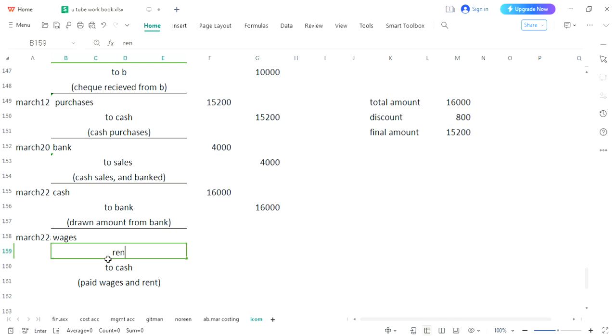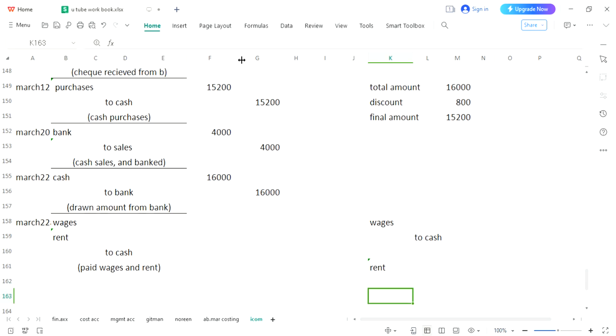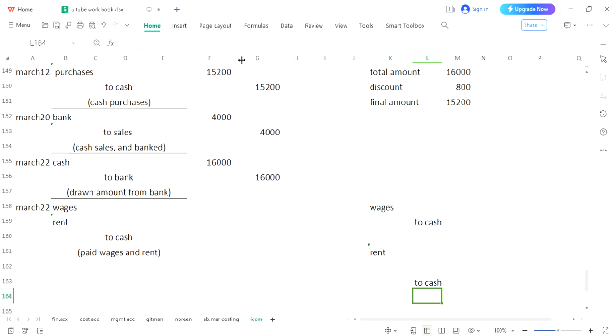So you will write rent on debit side as well. Now, if you wanted to separate these entries, it would be wages to cash, and next rent to cash. So instead of making two different entries, wages to cash, rent to cash, what you have done? You have combined this entry because in both entries, cash was credited.